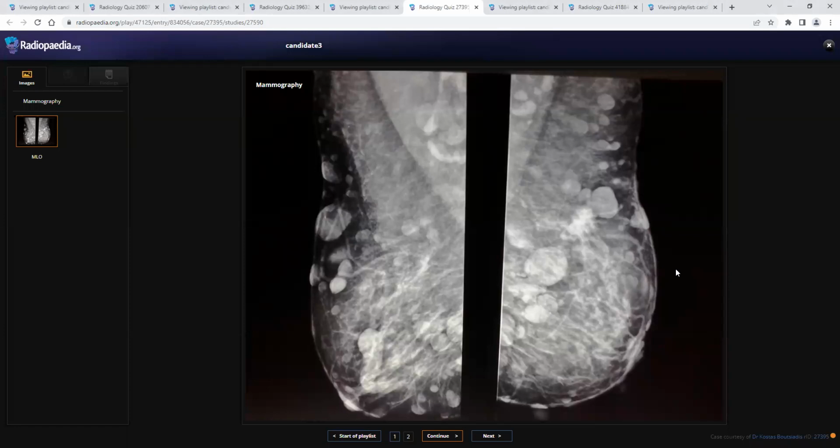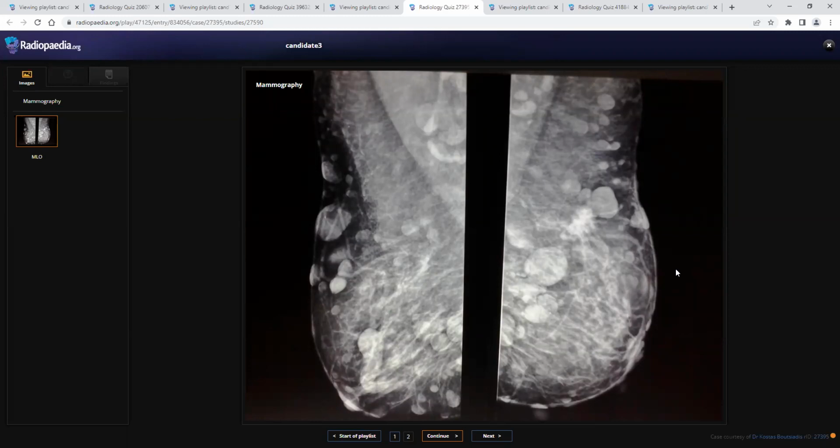I am provided with the bilateral mediolateral oblique views of the breast, and I can see multiple well-defined rounded nodular shadows overlying both breasts, and these appear to be related to the skin, as I can see the halo around these soft tissue nodules.